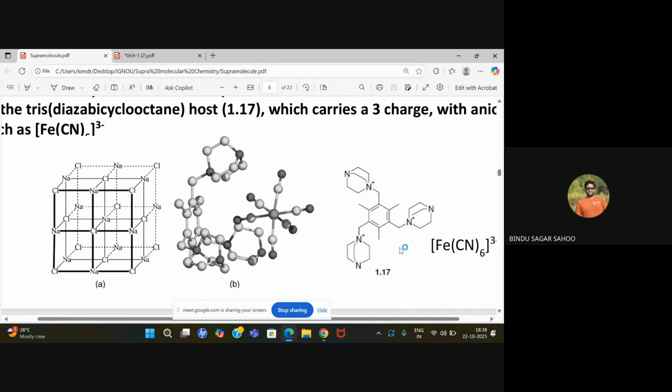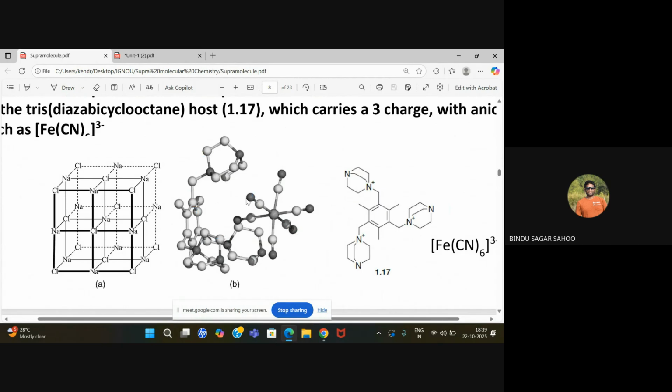So the overall complex will be neutral. In the pictorial representation, you can see this one is the FeCN6 complex, and the rest, this part, is the tris diaza bicyclooctane ring.